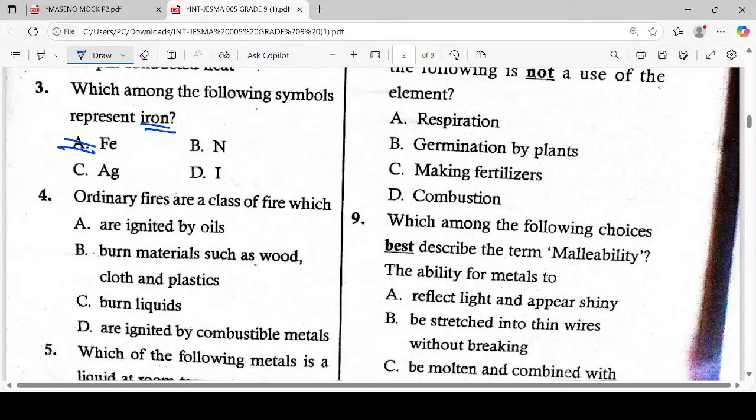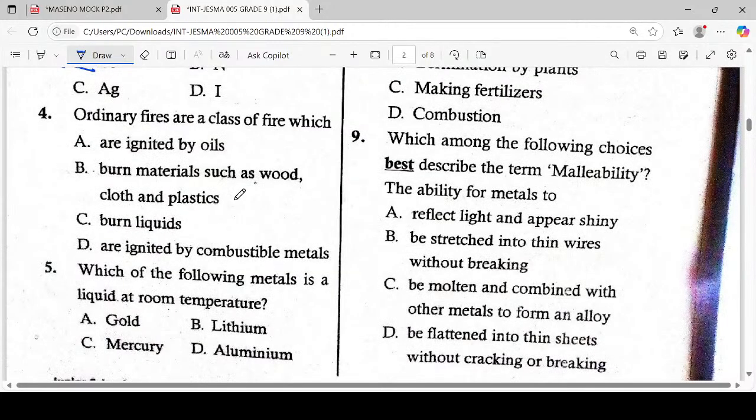Question number 4 says that ordinary fires are a class of fire. They are simply referring to the normal fire, the ordinary fire.